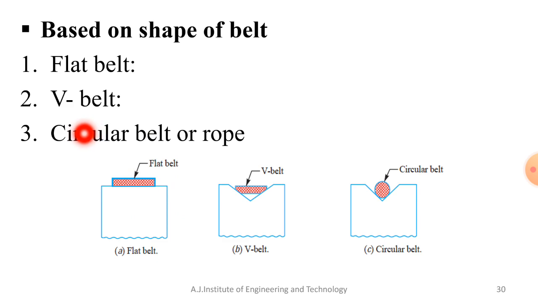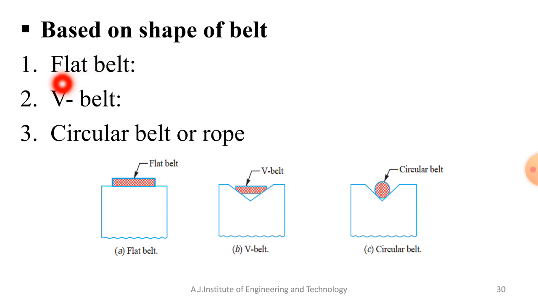Now coming to another type of belt, that is called V belt. If the cross section is trapezoidal, see here the cross section of the belt is trapezoidal, you can see the hatched area, then we can say it is V belt. And if you use V belt in the power drive, then we call it V belt drive.